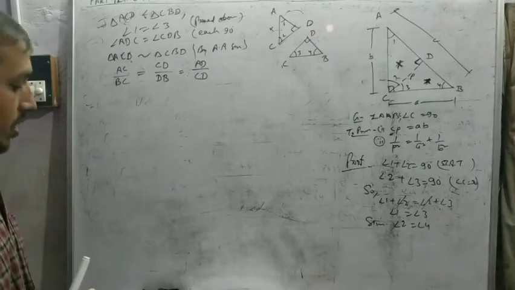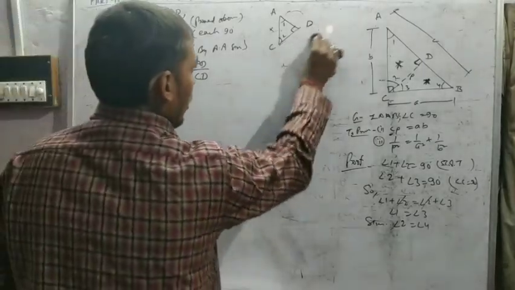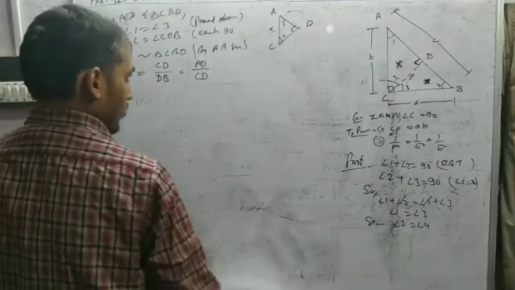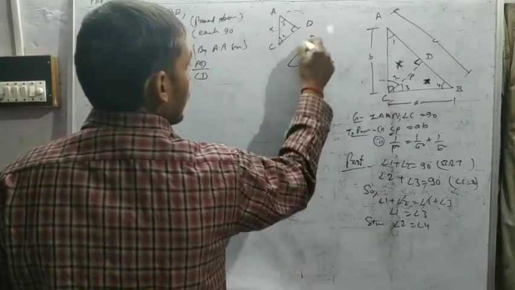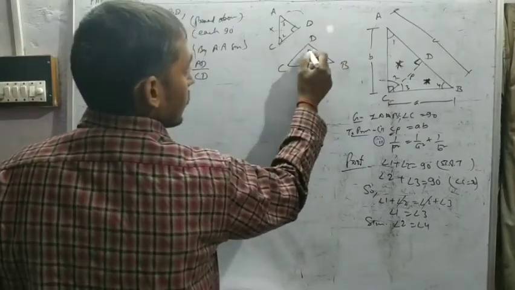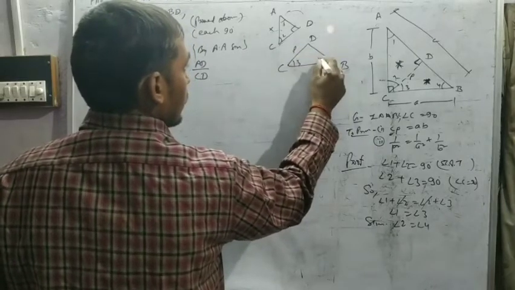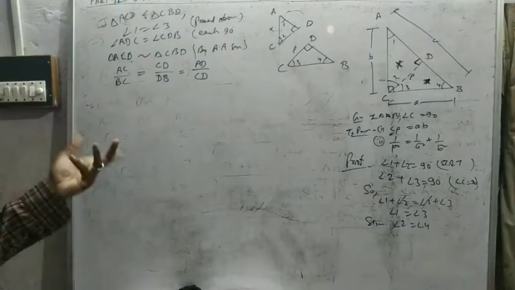So for this AB, we change the triangle and take another one. So this is another method.